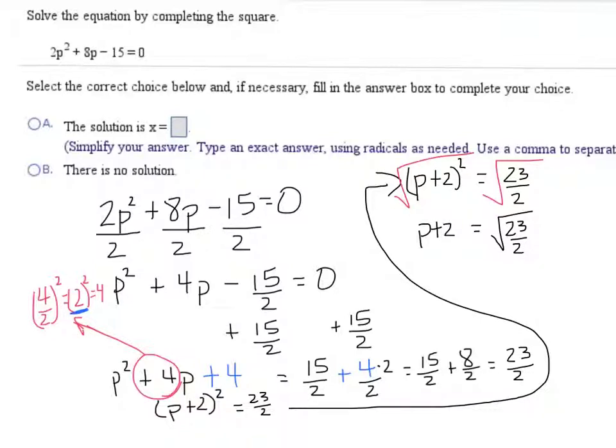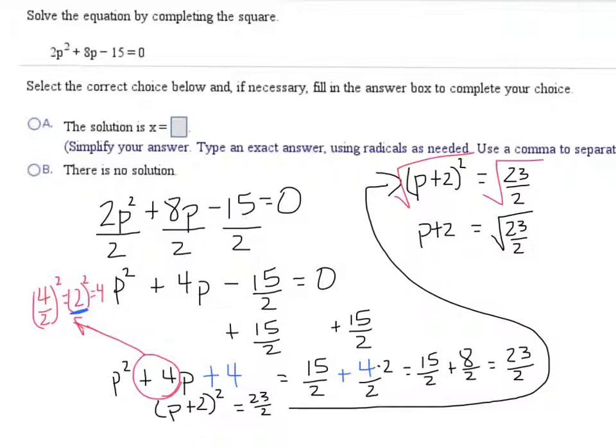Now I'm going to need to rewrite this. I've still got this plus 2 that I have to subtract. We don't like having a radical with a fraction in it. Basically, we don't like having radicals in the denominator. So I'm going to have to fix this square root of 23 over 2 before I can deal with this 2 on the side that has the p.